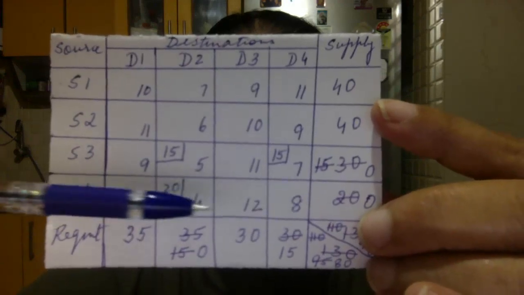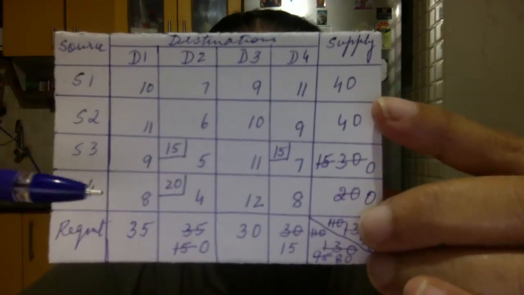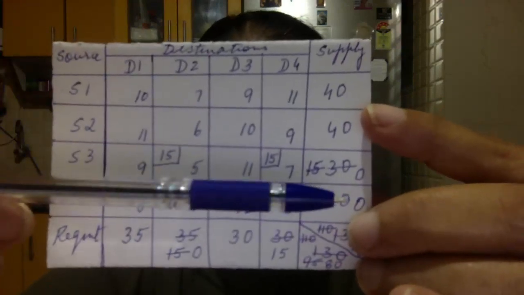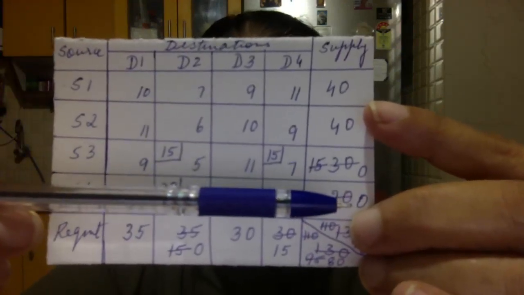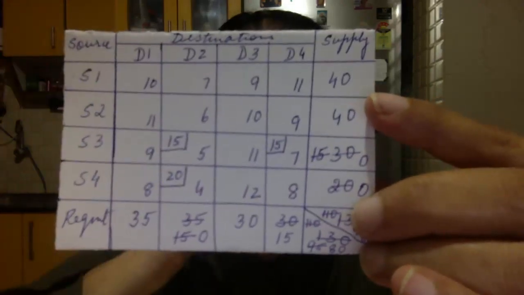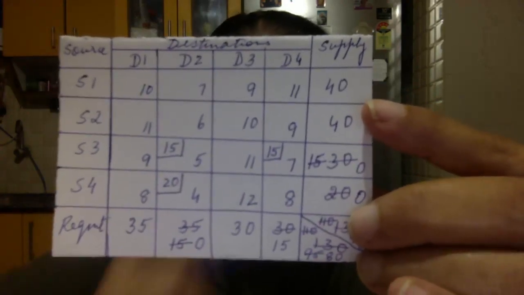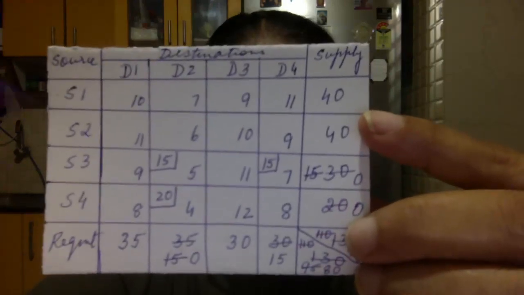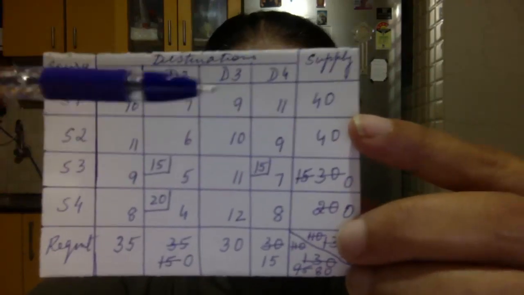Both the 8s seem to be on the S4 row. But in the S4 row, the supply is 0. You know, S3 and S4 have become eliminated. So this 8 has no value for us. Next least is 9.